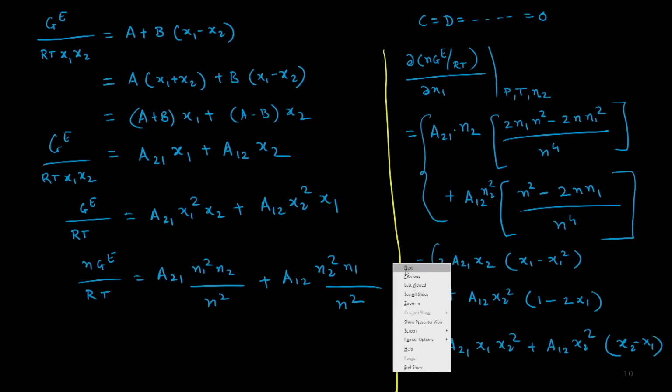I can simplify this and rewrite it in a more convenient form. It turns out that G1 bar E by RT will be equal to ln gamma 1, and the simplified form of that will be x2 squared times A12 plus 2 times (A21 minus A12) times x1.